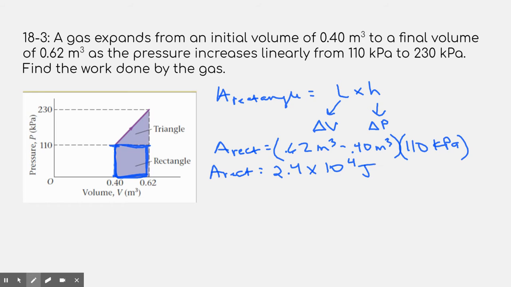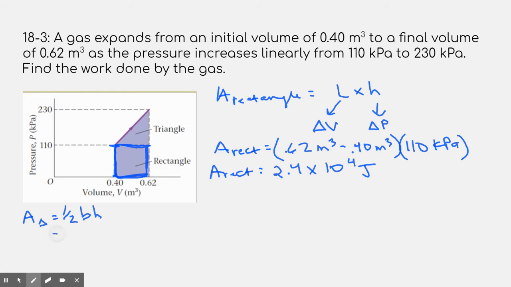Okay, let's do the same thing for the triangle. The area of our triangle, I'm just going to draw that, it looks better. Recall from geometry, the area of a triangle is 1/2 base times height. Our base in this case is going to be the change in volume and the height is going to be the change in pressure.